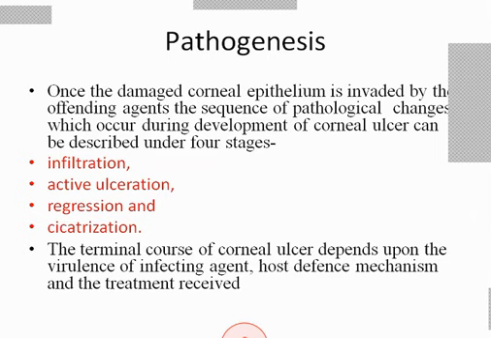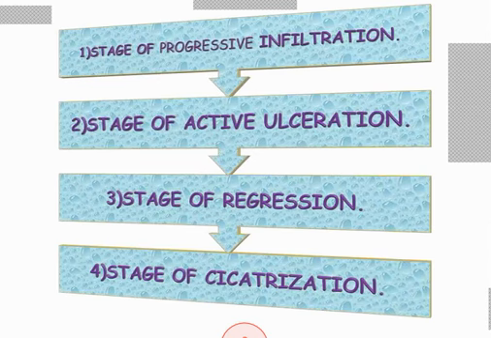And then it cicatrizes. Once it damages the Bowman's membrane, it usually produces a scar. So progressive infiltration will lead to the stage of active ulceration, stage of regression, and stage of cicatrization.